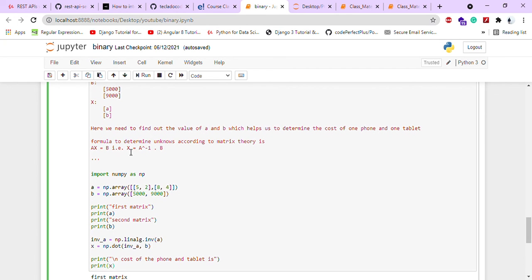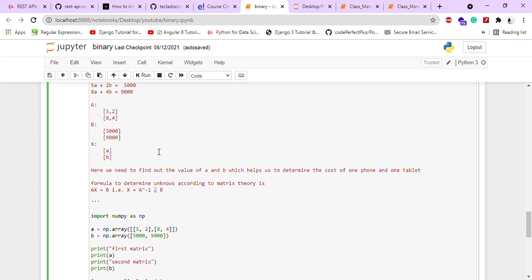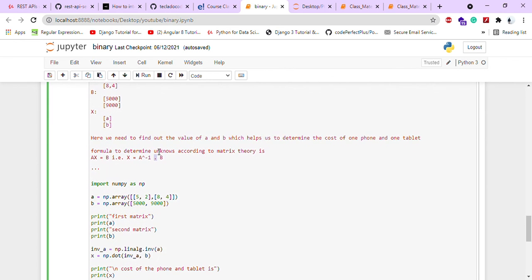My formula is very simple: X equal to A inverse dot product of B. Please remember, this is not multiplication. I used the dot product, so when it is called dot product, don't go for multiplication. Directly use it, and you will definitely find the solution.